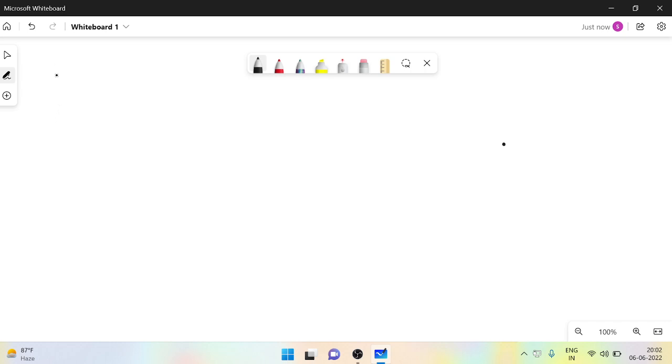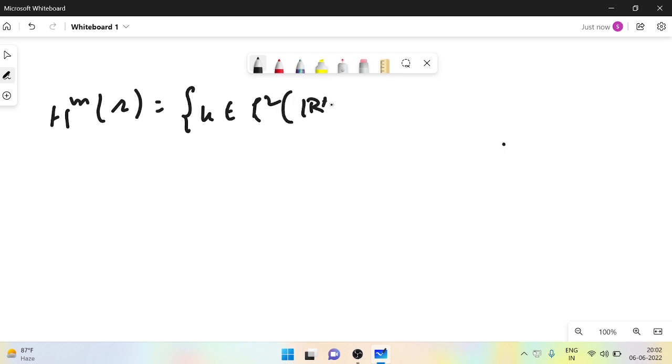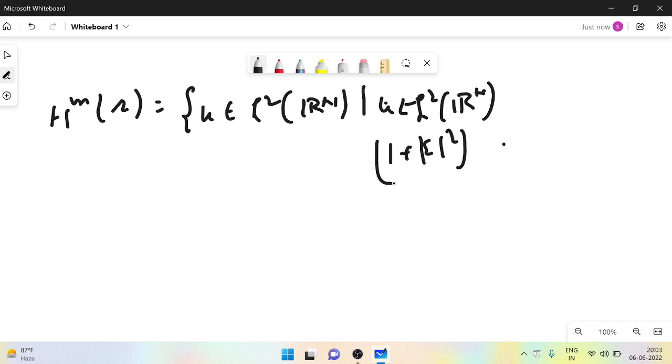So basically, Hm can be equivalently written as all u belonging to L2 of Rn such that (1 plus mod xi squared) to the power m over 2 times u hat also belongs to L2 of Rn.